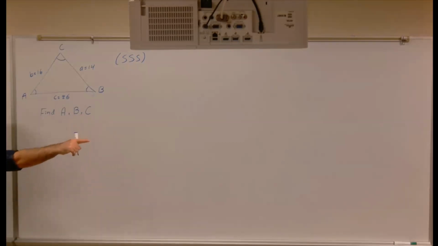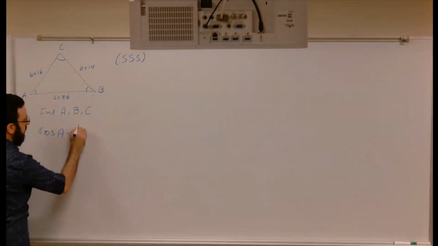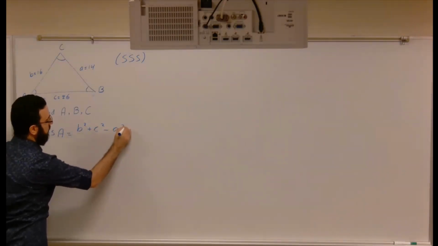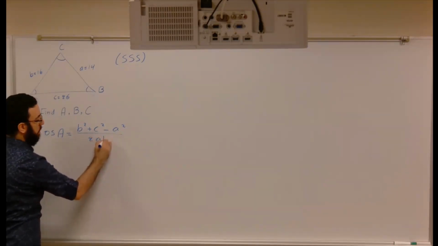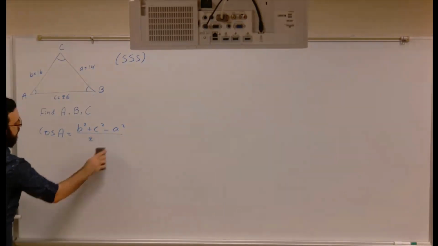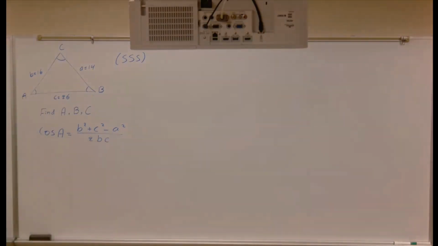That means cosine A is going to be equal what? B squared plus C squared minus A squared divided by 2BC. So you're going to plug in.